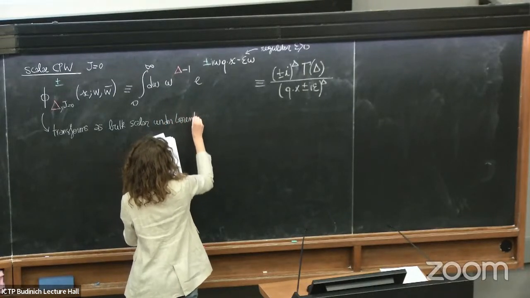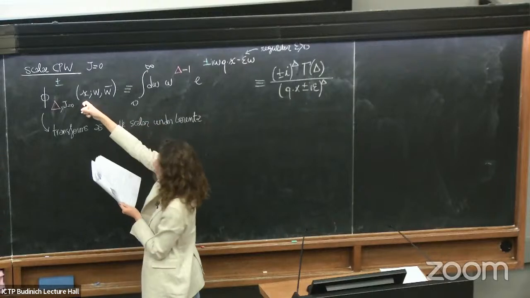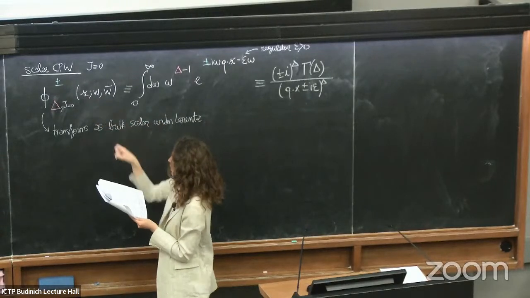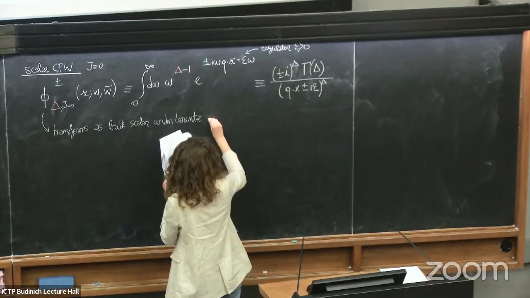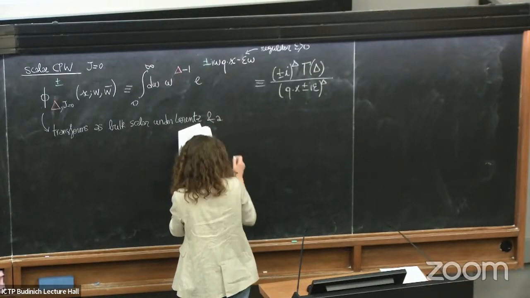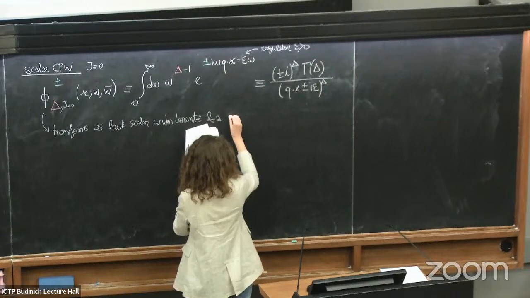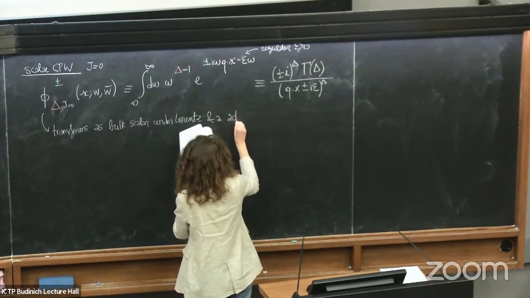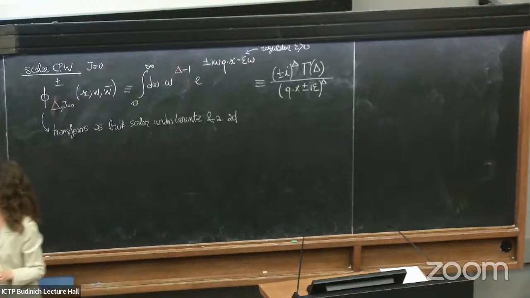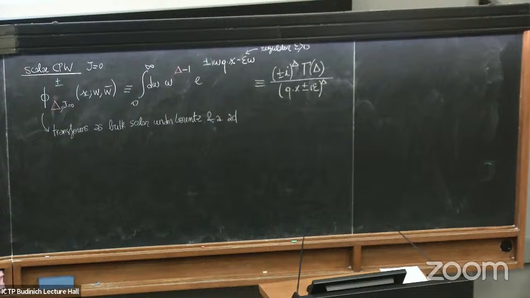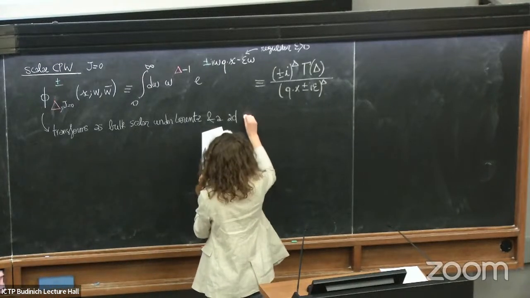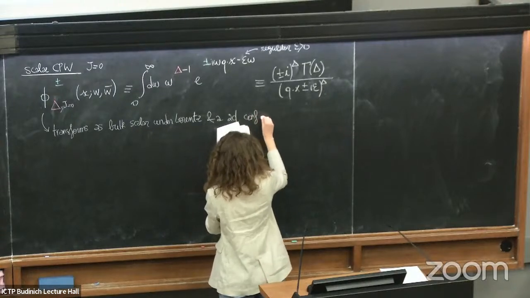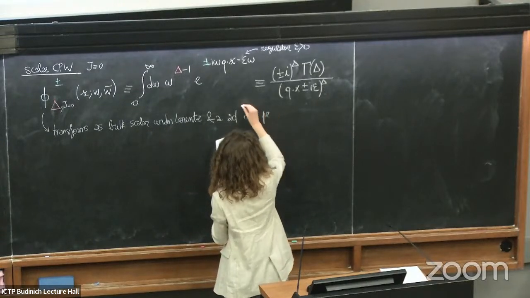So you see that this object depends both on the bulk coordinate x and also on the point w, w bar on the sphere. It's just a scalar under the Lorentz, but under the action of the Lorentz, which is induced by this embedding, so on this SL2C action acting on w, w bar, it transforms, as you will see, as a 2D conformal or quasi-conformal primary.